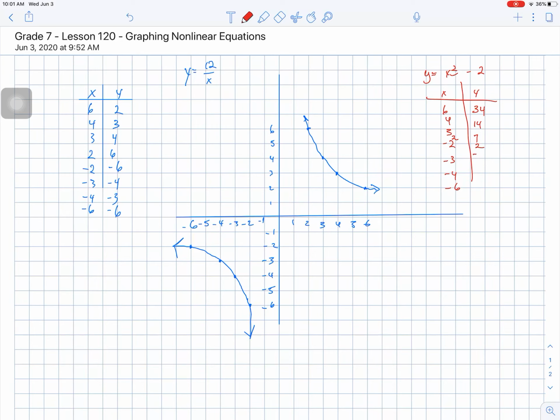Negative 2, they'll get you the same numbers the other way around: 14 and 34, because when you square a negative number, it becomes a positive number. So you can see that this one's going to have a different shape.